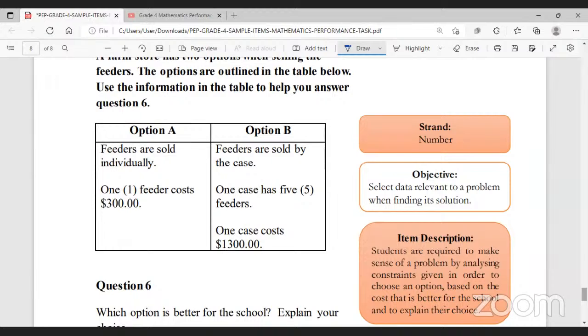And we were required to make sense of the problem by analyzing constraints, and those are the information given, in order to choose an option based on the cost that is better for the school, and to explain our choice.